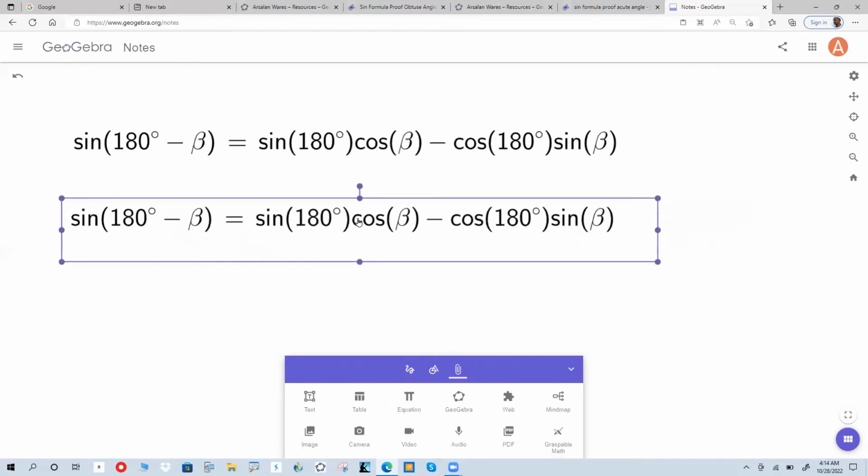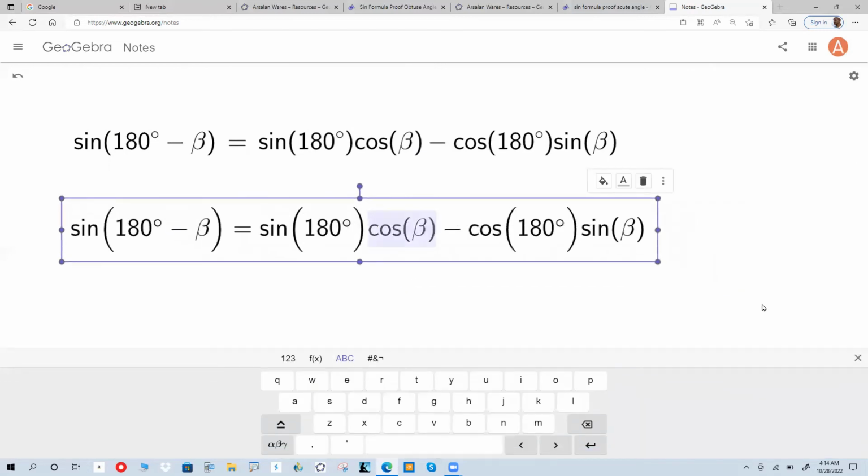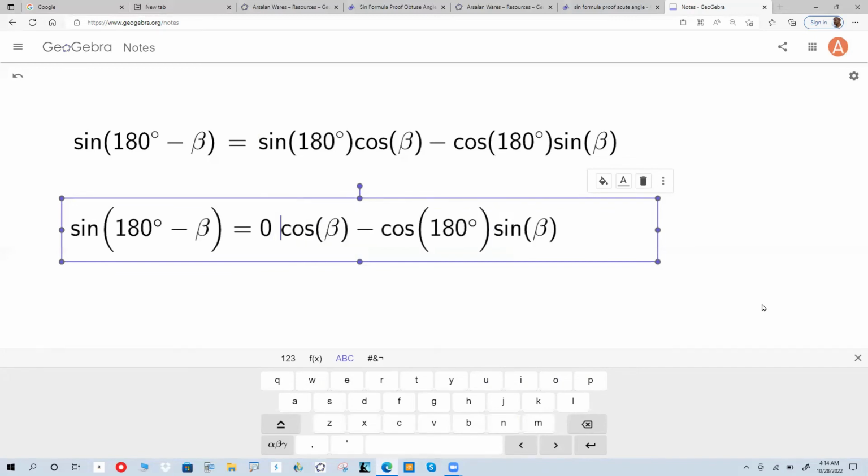That's 0. So I'm going to replace this with 0. All right, cosine 180 is -1, interestingly enough. Okay, so I'm going to replace this with -1.